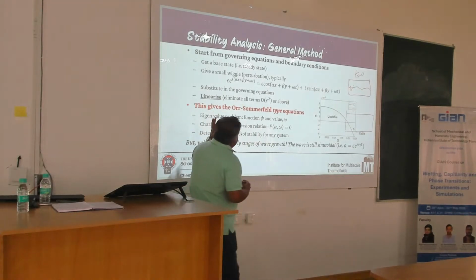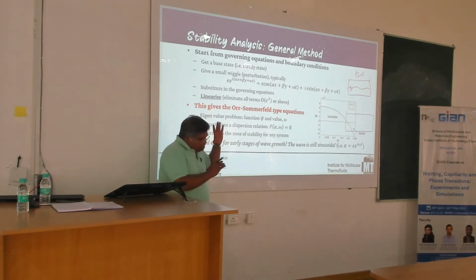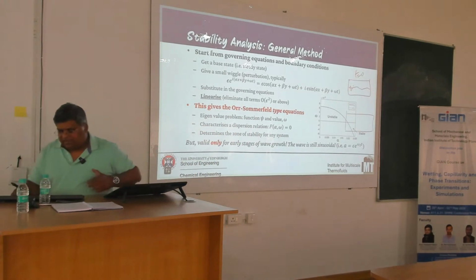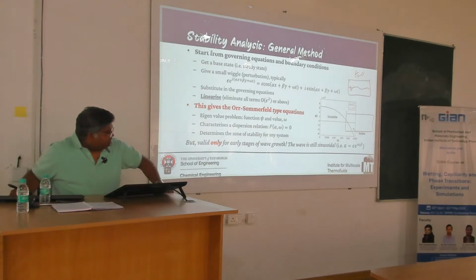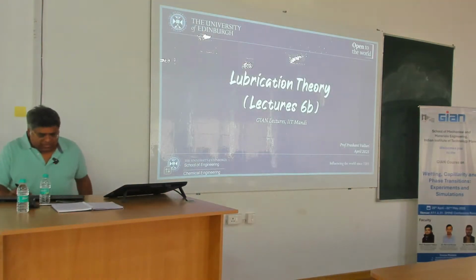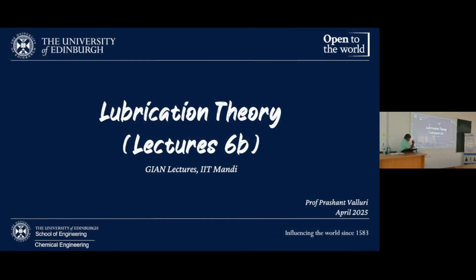So basically a stability analysis, this is the general method. As I mentioned, I'm not going to be deriving things for you here because it'll take like 2 more weeks to do that. Okay? So just to summarize, when we look at any system, what we do is we take a supposed steady state and then you give a perturbation.